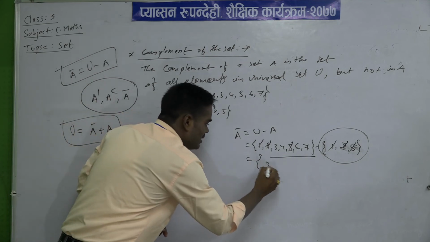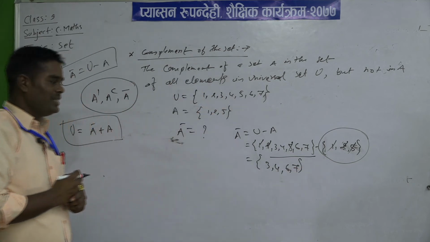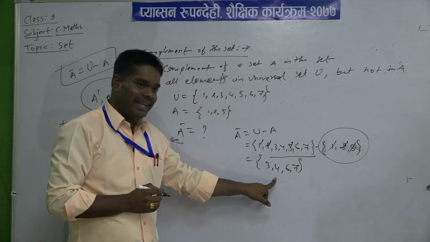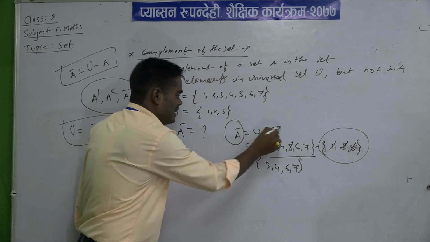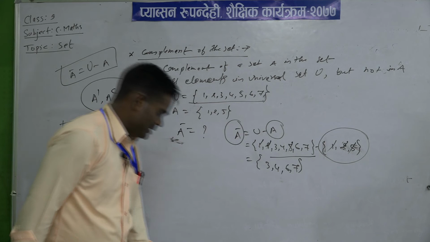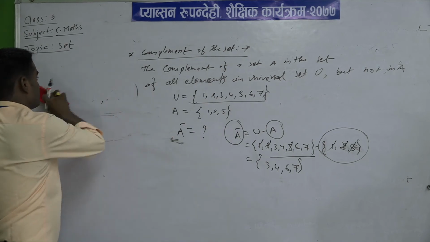What are here: 3, 4, 6, 7. So these are the elements of the complement set. If you add the complement of set A and set A, then you will get the universal set.